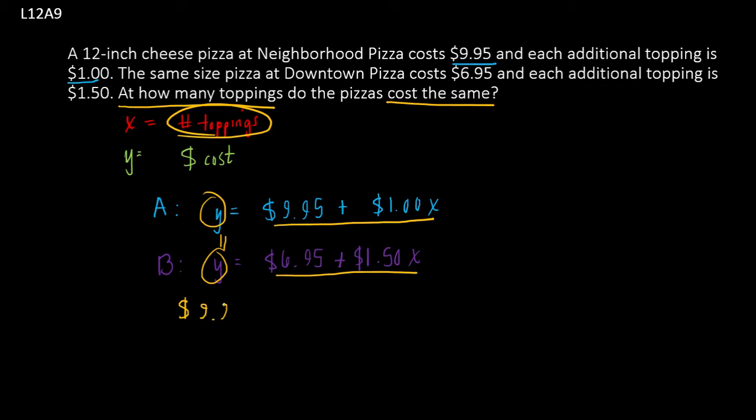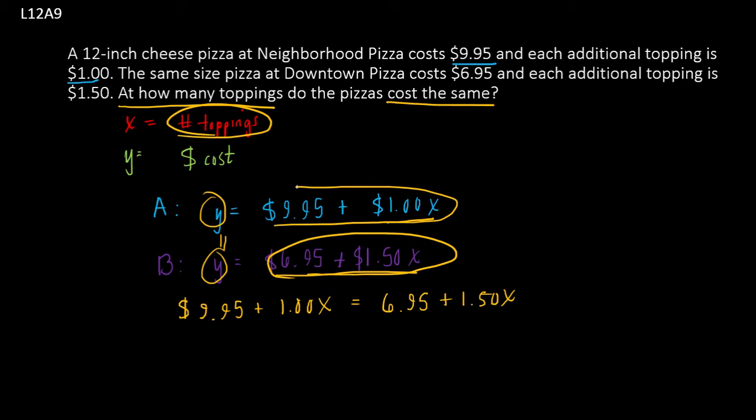So I get $9.95 plus 1x equals $6.95 plus 1.50x. Okay? Again, all four of these expressions that I have circled in yellow are equivalent. So I can set up an equation with either of these on the left-hand side and whatever else on the right-hand side. I've chosen this combination because it gives me an equation where there are only x's, and x is what I'm trying to solve for.